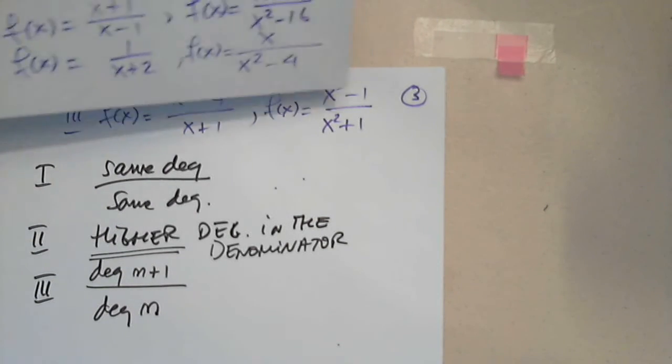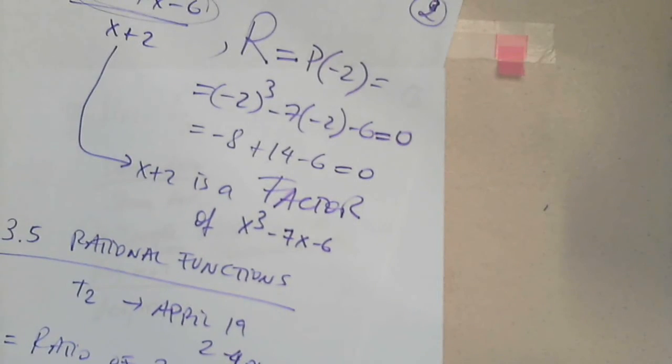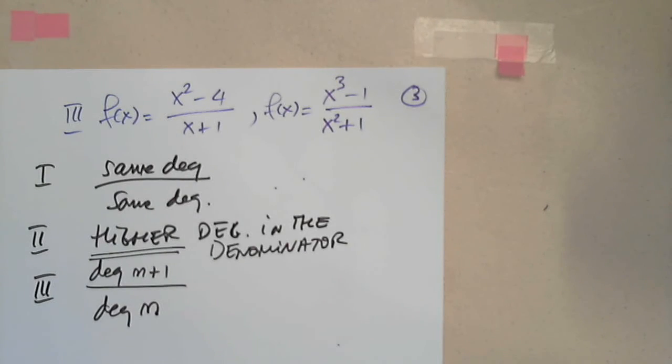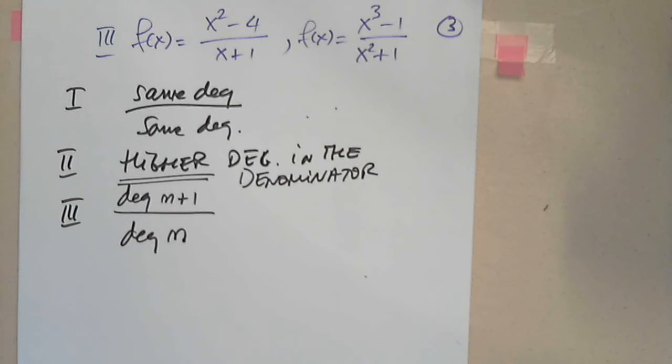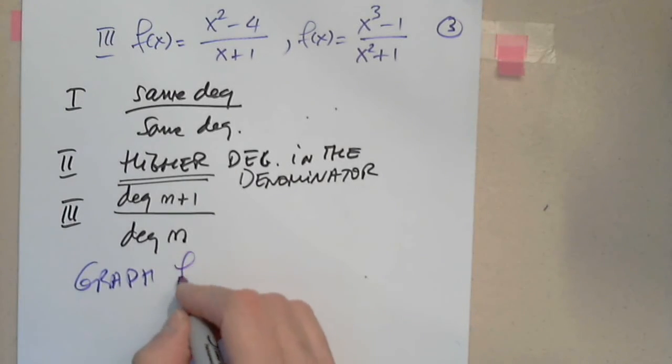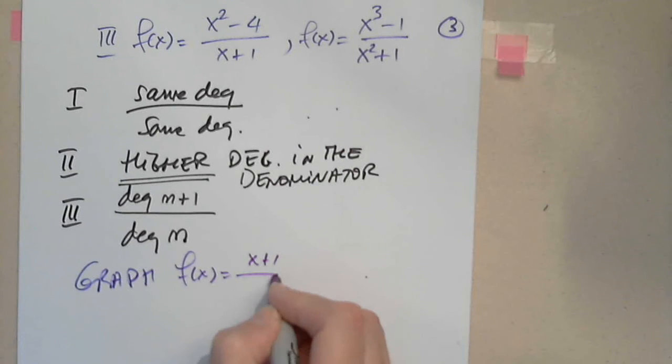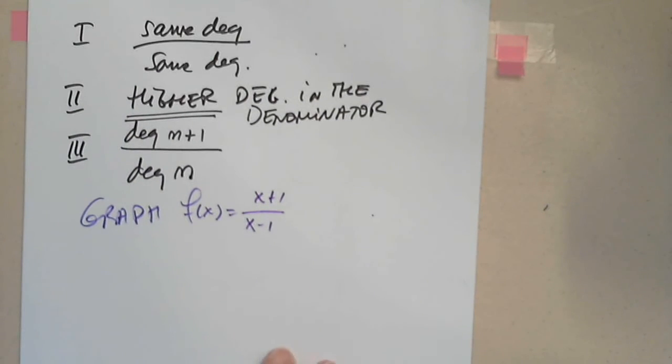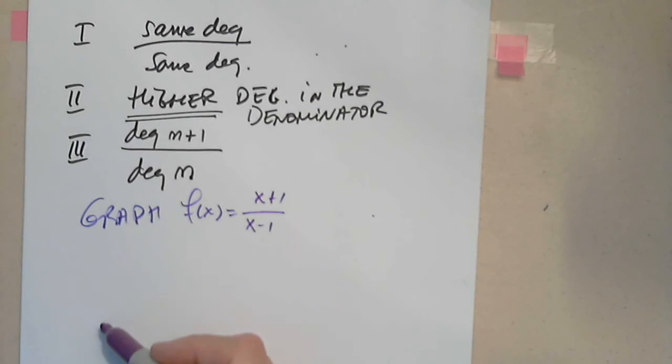Okay, so let's start with the first one. Before we start, I would like us to go back to the list. So we want to graph, and we're going to start, let's say, with the first one, x plus 1 over x minus 1. Okay, remember there was a long list of items that we had to go through, or steps if you'd like, when we graph polynomial functions.